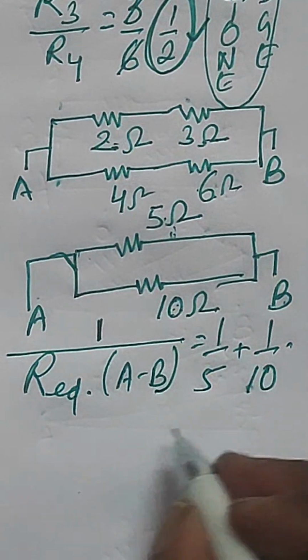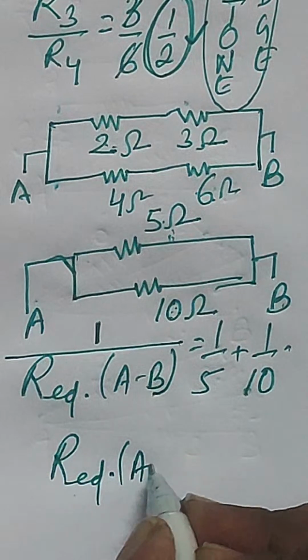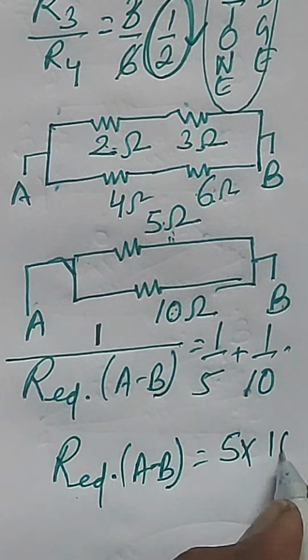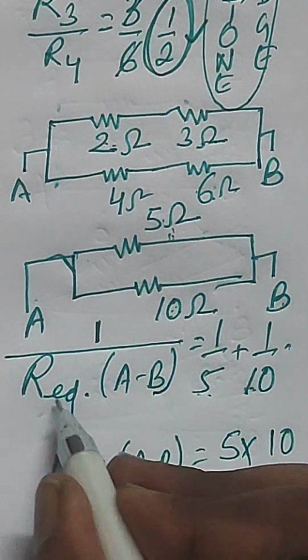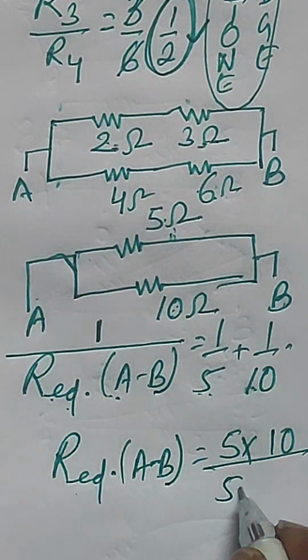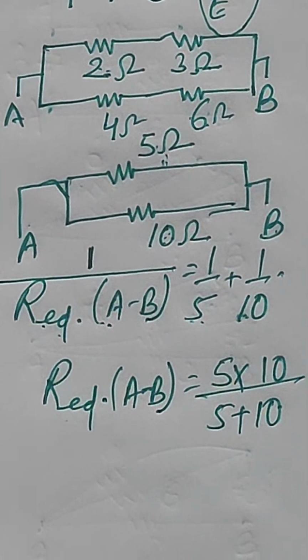So this will give you the value of R equivalent between A and B as 5 into 10 by 5 plus 10. I am not going into detail. It's very simple. You already know it.